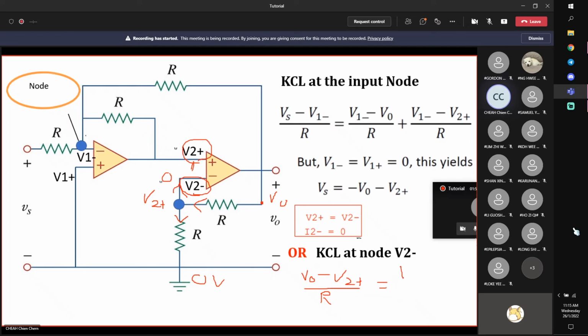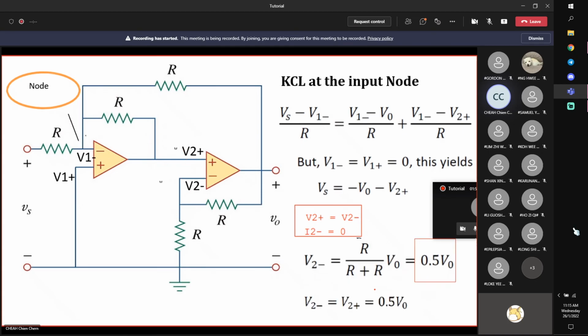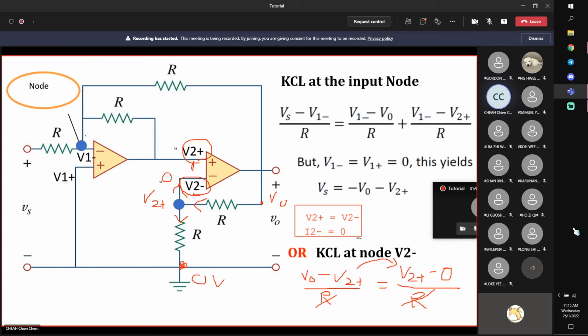And it's equal to V2 plus minus 0, R connected to 0, right? Divided by R. Because they have the same resistance, right? You can see that you get the same relationship, right? Which is V2 plus is half of V0, right? Because V0 is 2 times of V2 plus.